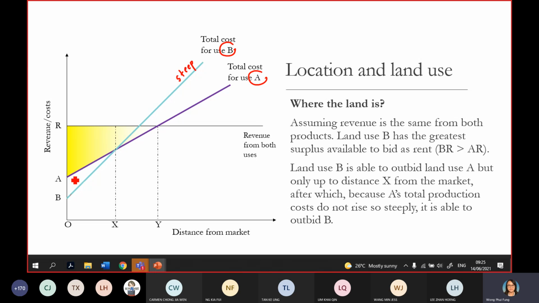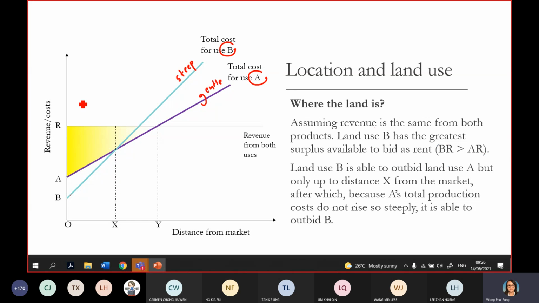For A, the slope is quite gentle as compared to B. B is more stiff, so you can see the transportation cost increases very fast when the distance is further away. But for A, the slope is a little bit gentle, so the transportation cost doesn't increase so fast. Assuming revenue is the same for both products, land use B has the greatest surplus available to bid as rent. BR is more than AR.